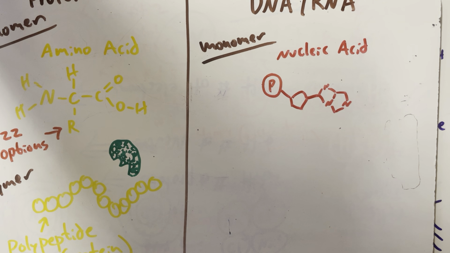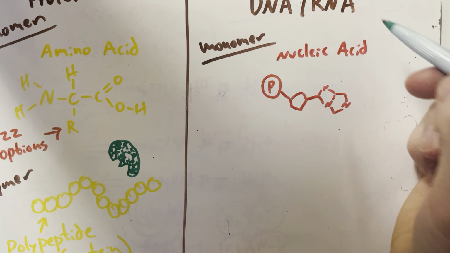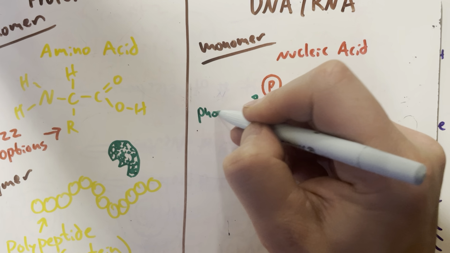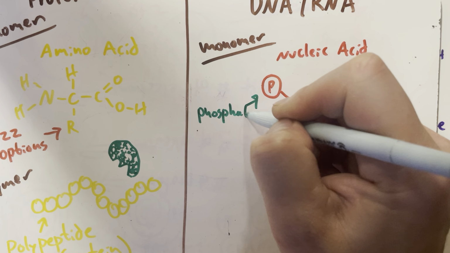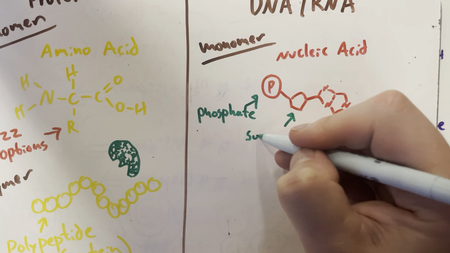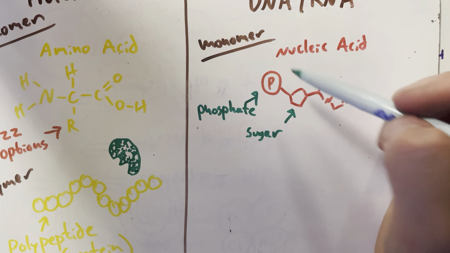You need to be able to recognize them. If I show you a picture of them, you should be able to say, oh, that's a nucleic acid. That's an amino acid, whatever it is. This is the phosphate group. This is the sugar. In the case of RNA, it's ribose. In the case of DNA, it's deoxyribose.